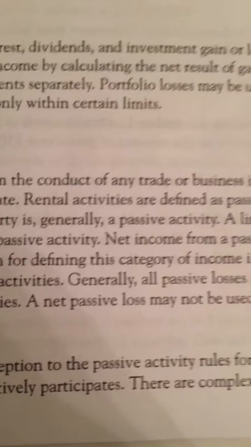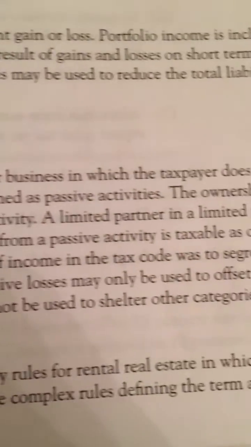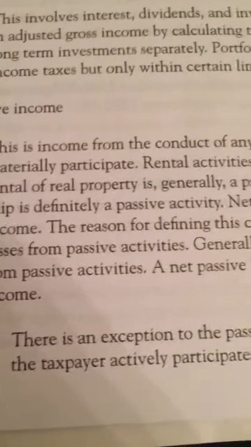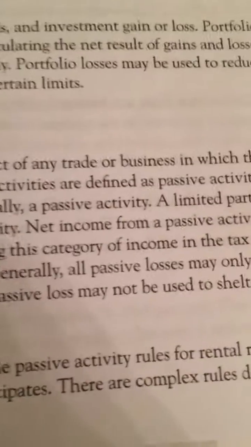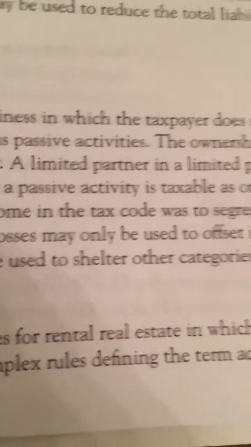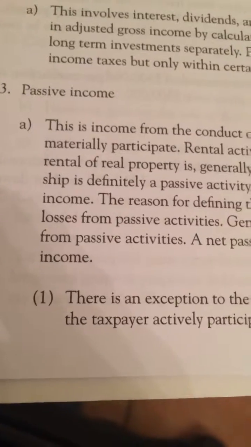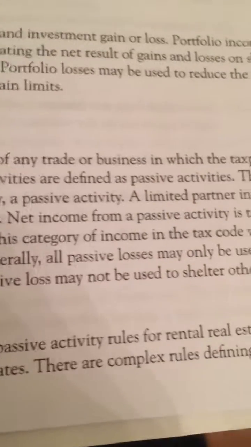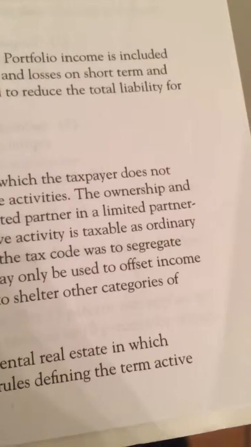A net passive loss may not be used to shelter other categories of income. 1. There is an exception to the passive activity rules for rental real estate in which the taxpayer actively participates. There are complex rules defining the term active.